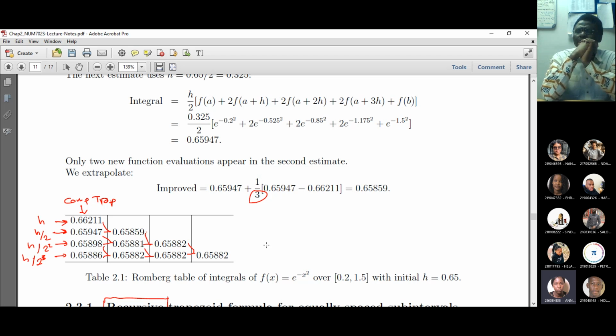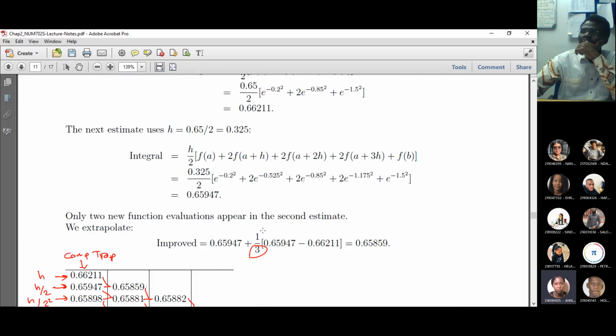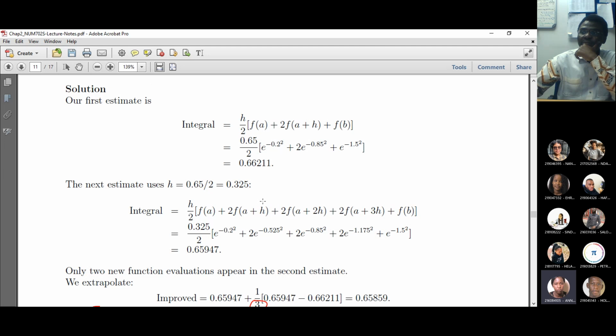The thing that I don't understand there is the integral, because if I check h over 2, move a bit. If I check the first formula and the second, longer one, there is 0.65 over 2, then the bracket of e to the power negative 0.2 squared plus 2 e to the power negative 0.852.